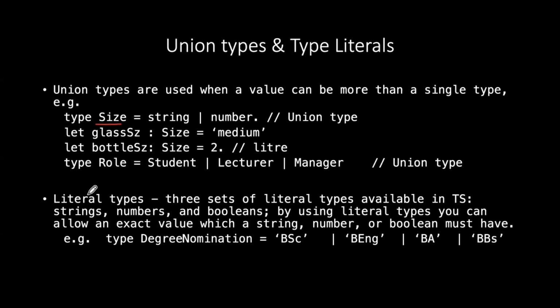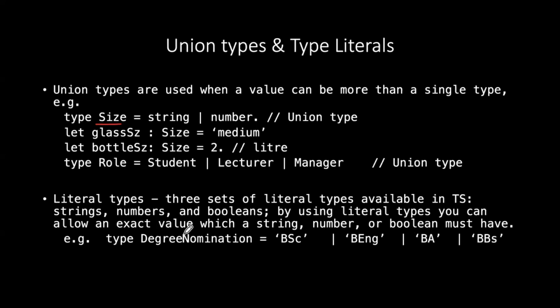Literal types, again, we define them using the type alias syntax, is when you're actually pinning down specific values that instances of a literal type can be. For example, I'm declaring a type called degree nomination, and I'm saying it's either equal to the string that, or the string that, or the string that.